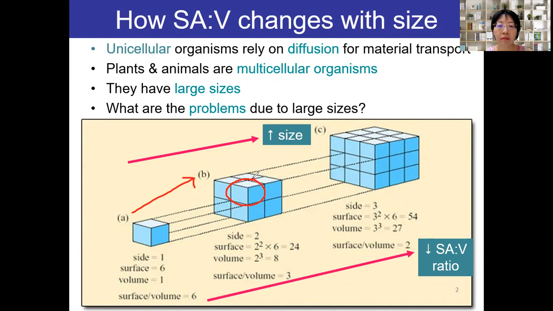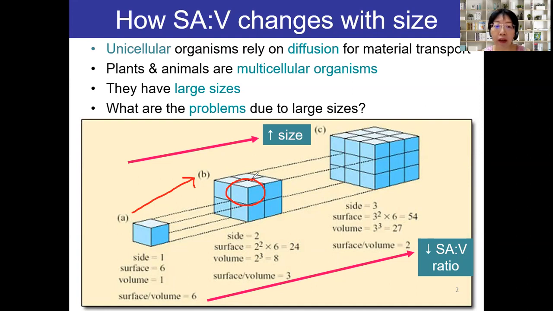Looking at this multicellular organism, made up of, let's say, 8 cells, we examine one of the cells, the cube that I've circled. How many of its 6 surfaces are facing the external environment and hence able to exchange materials directly with it?